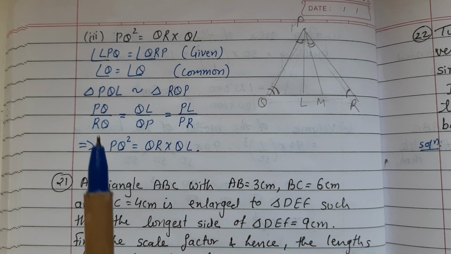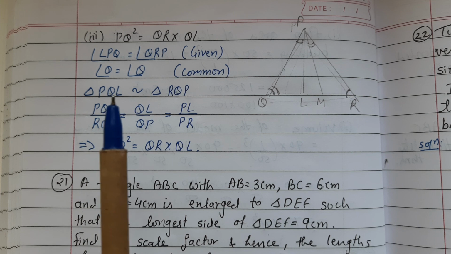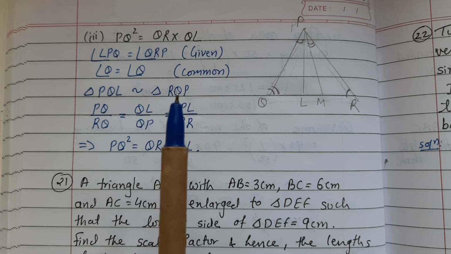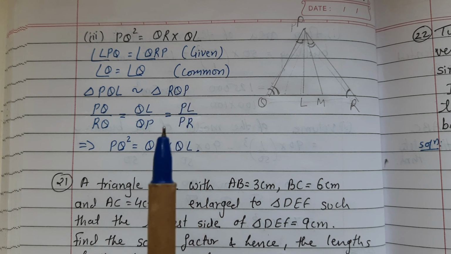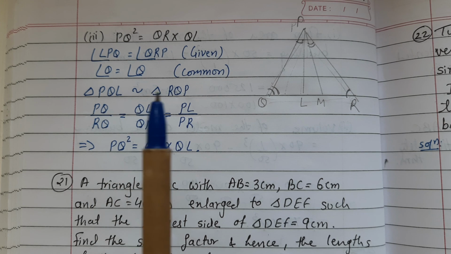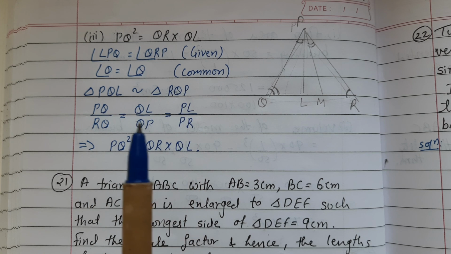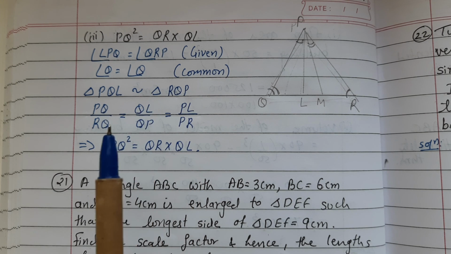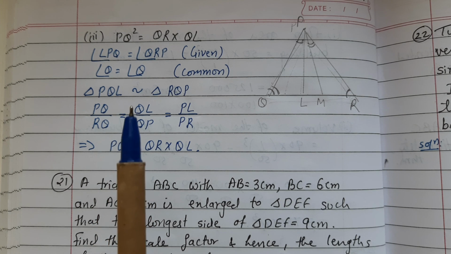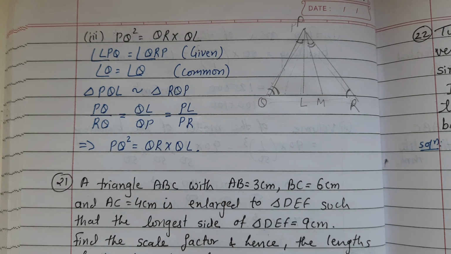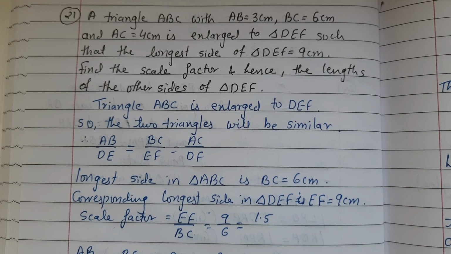Therefore, sides are proportional. PQ upon RQ is equal to QL upon QP is equal to PL upon PR. Now, cross multiply. PQ square is equal to RQ into QL. Hence proved.